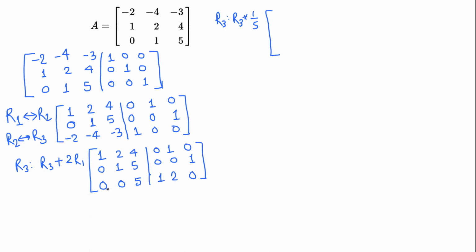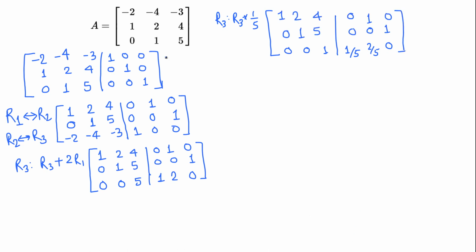Okay, so this becomes just 0 0 1, 1/5, 2/5, 0, and we're going to keep writing all of them. Next we want to make this 0, then at the same time we can make this 0 as well, and finally we want to make this 0.